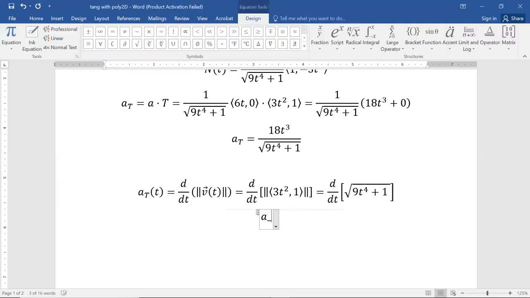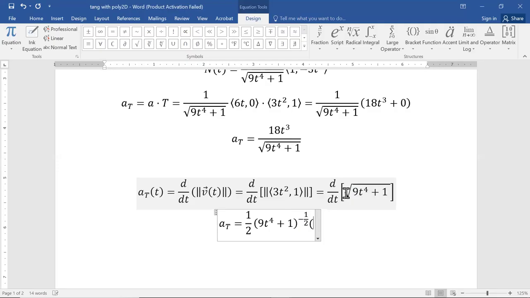And that means my a sub t is equal to, well, what we're going to do is think of this square root as 1/2 power. So 9t to the 4th plus 1 to the 1/2 power. So I take the 1/2 power out front, 9t to the 4th plus 1, I'd subtract 1 from the power and then multiply times the derivative of the inside function.